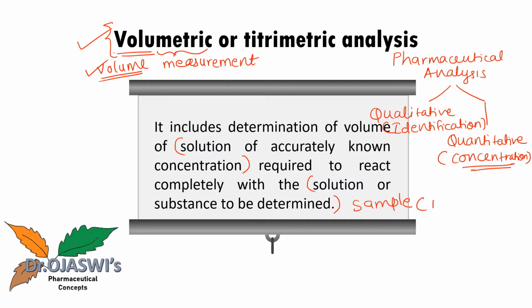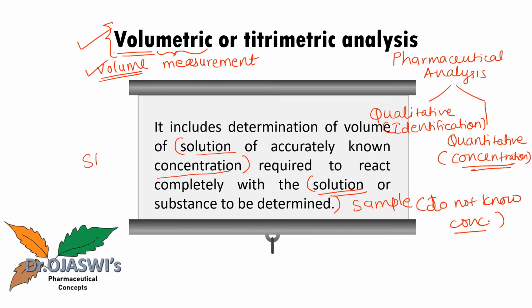Because I do not know its concentration. I have to find out its concentration, and that is the aim of this experiment. I do not know the concentration of the certain chemical compound present in this particular solution, and that can be found out by using a solution of accurately known concentration.